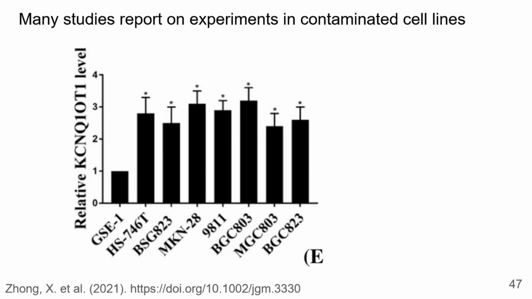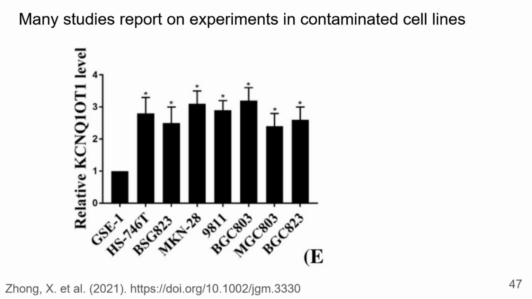Here's how we'll explore that. Here is a graph from a publication that came out in 2021 where they're describing the expression of this particular gene across a number of different cell lines.